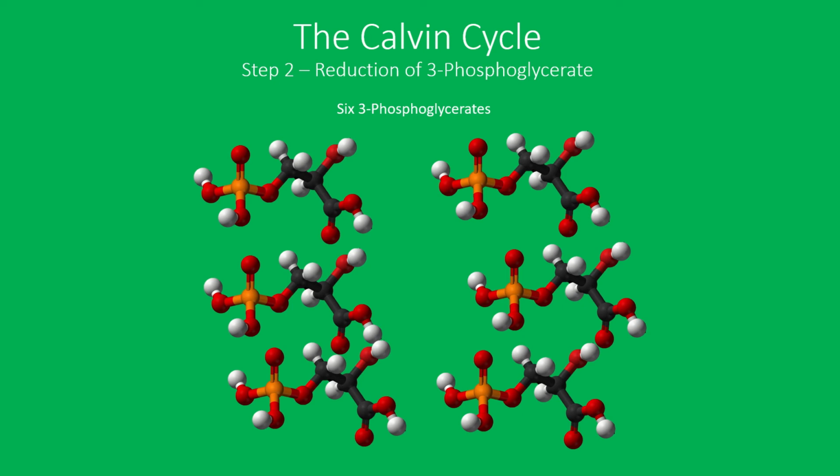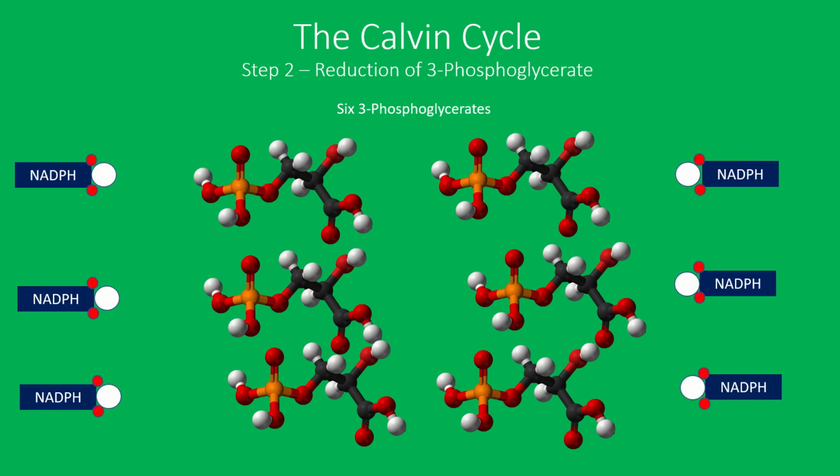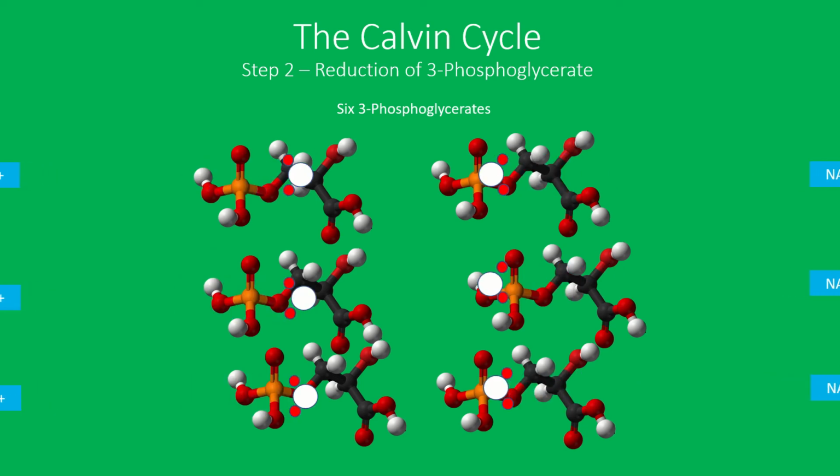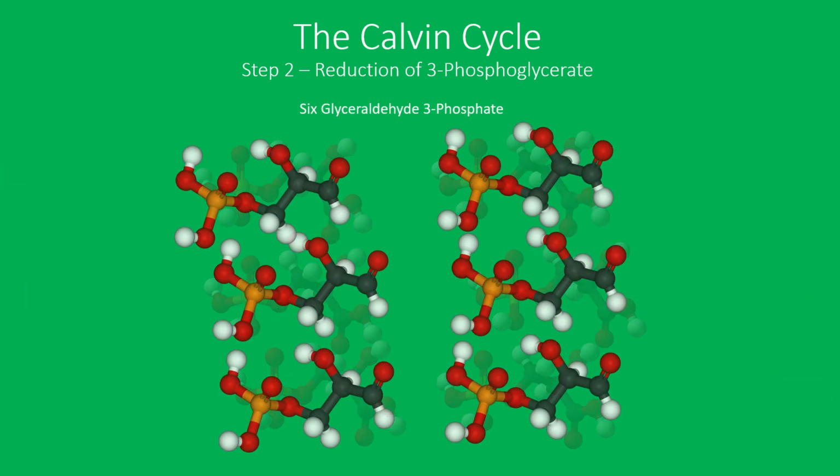We also need 6 NADPH molecules to deliver these hydrogen ions and electrons necessary to reduce the 3-phosphoglycerates. The NADPH molecules transform to NADP+, and the hydrogen ions and electrons are transferred to the 3-phosphoglycerates to reduce these molecules into 6 molecules of glyceraldehyde 3-phosphates, which we abbreviate as G3P.